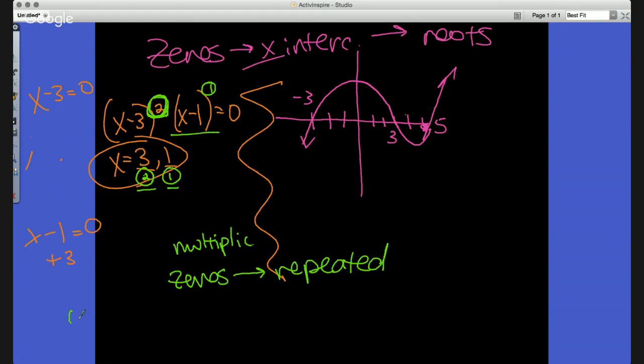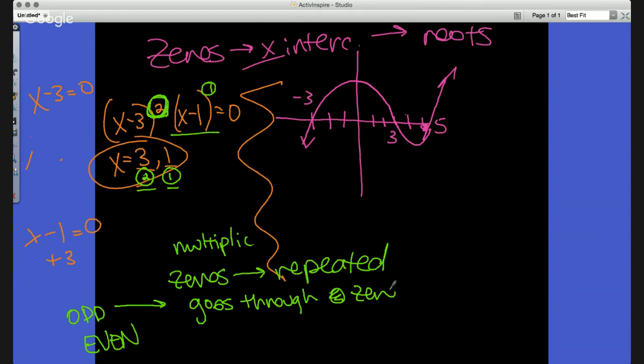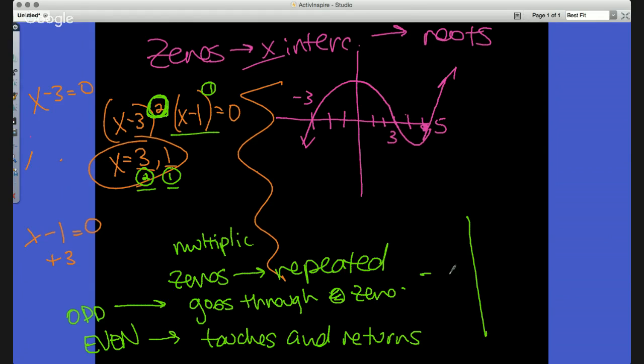Well, we actually have two different kinds: odd and even. In the case of odd, the graph goes through the zero. In even, it touches and returns. I'm not sure exactly what this graph would look like, but what we can assume is this.